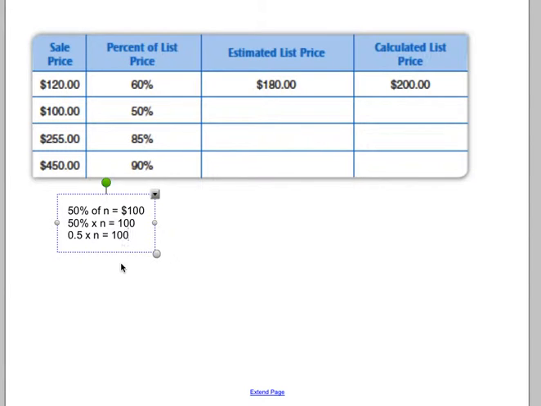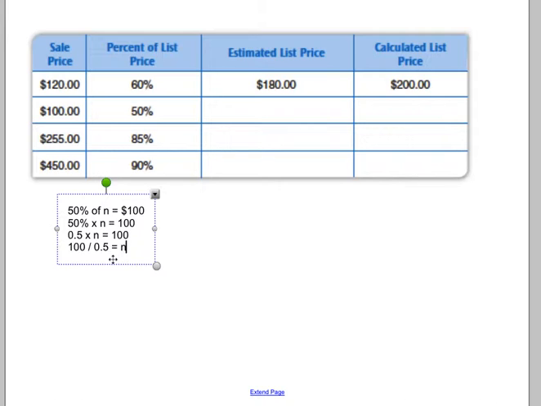Or I can write 100 divided by n equals 0.5, or 100 divided by 0.5 equals n. Oh, and that's the one that's going to help me get the answer that I'm looking for, because my answer here is the number I'm trying to figure out. So in order to find it, I have to do 100 divided by 0.5.